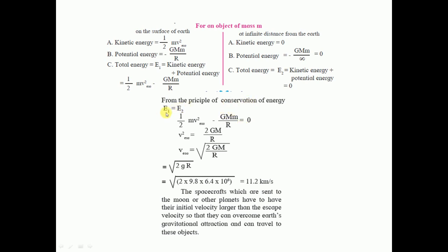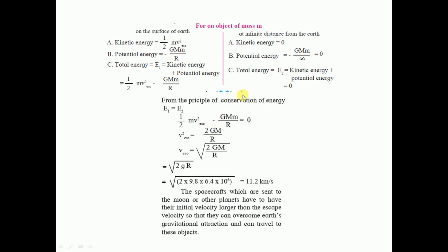So E1 is equal to E2. Both are equal because energy cannot be destroyed, so it is converted from one form to another. So we have equated them.